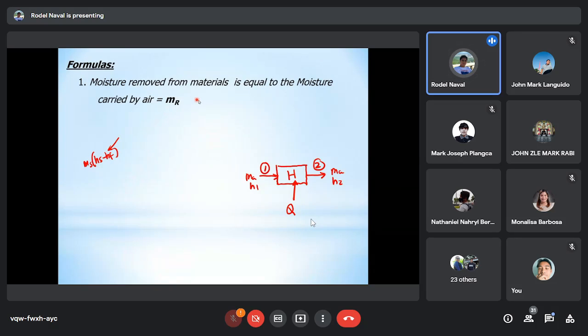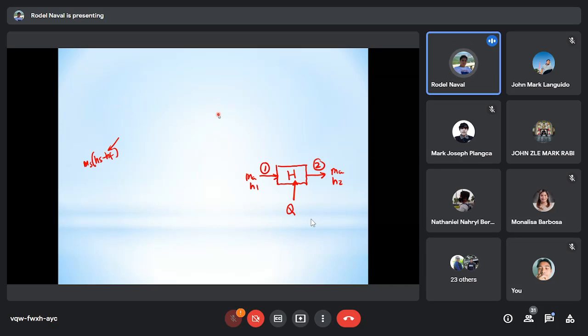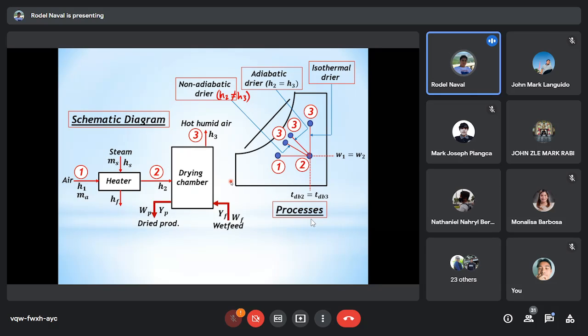Formulas: moisture removed from the material is equal to moisture carried by air. So, for example, class, the moisture removed from the material. This is just an example, ha? The wet feed is 10 kilograms.